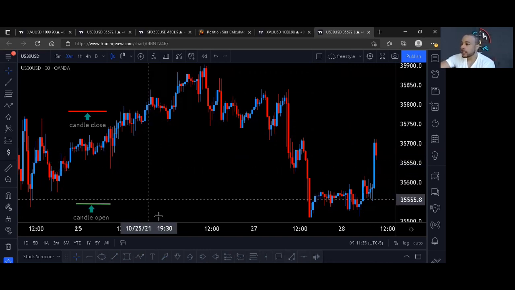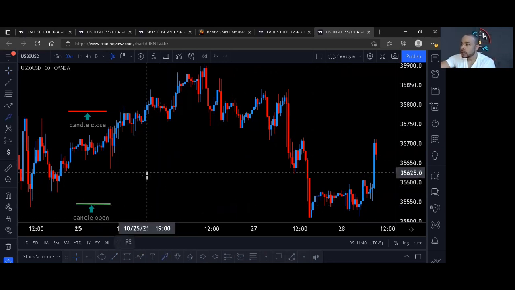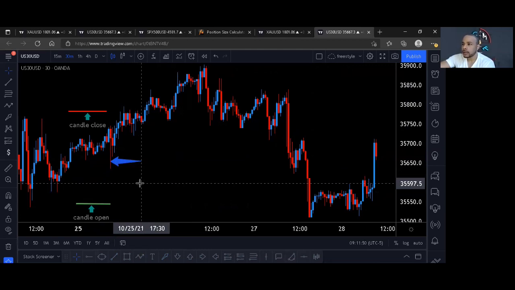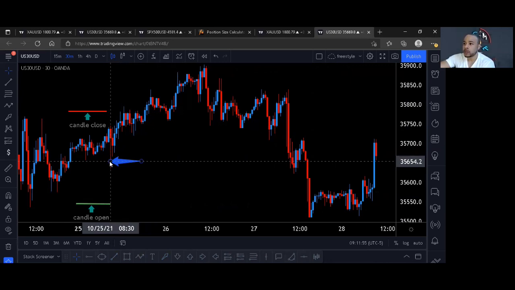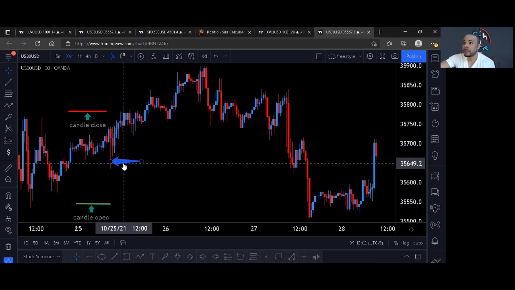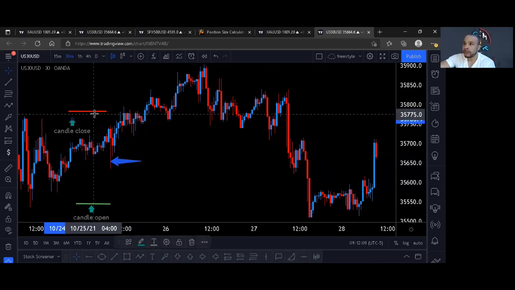I'm going to pick a candle and let's look at this candle right here. We can clearly see that where I pointed on this candle is the wick. And so we have the open of the candle. In order to get the open, you have to go to the candle before.